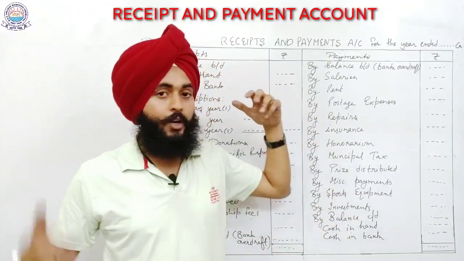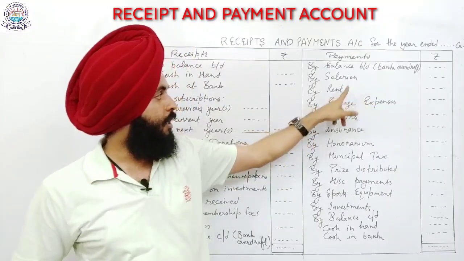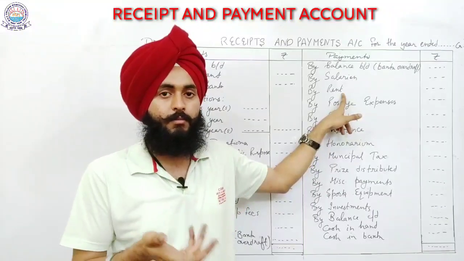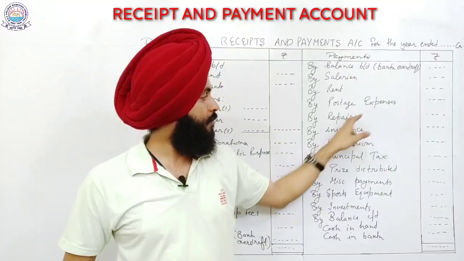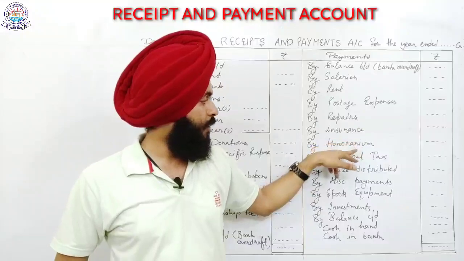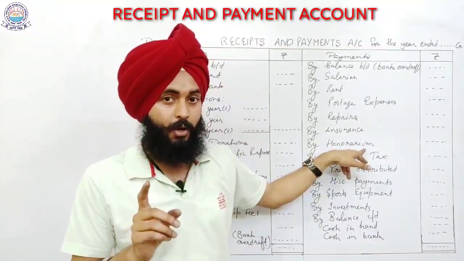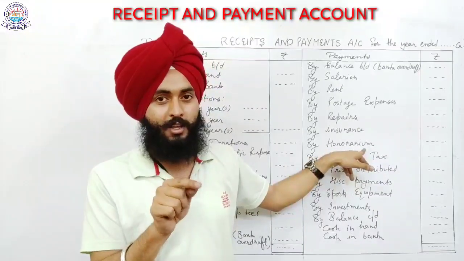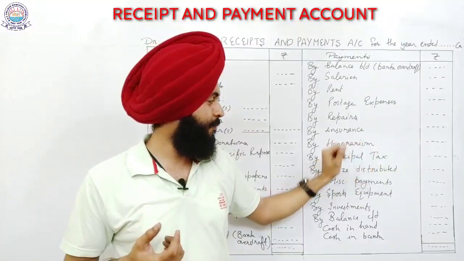Payments, what kind of payments? Salaries if we have employees, rent if we have a rented plot or building, postage expenses, repair, insurance, these are all expenses. Honorarium, I told you, when a person is not an employee but we have to pay remuneration just to honor him, this word is used, honorarium.